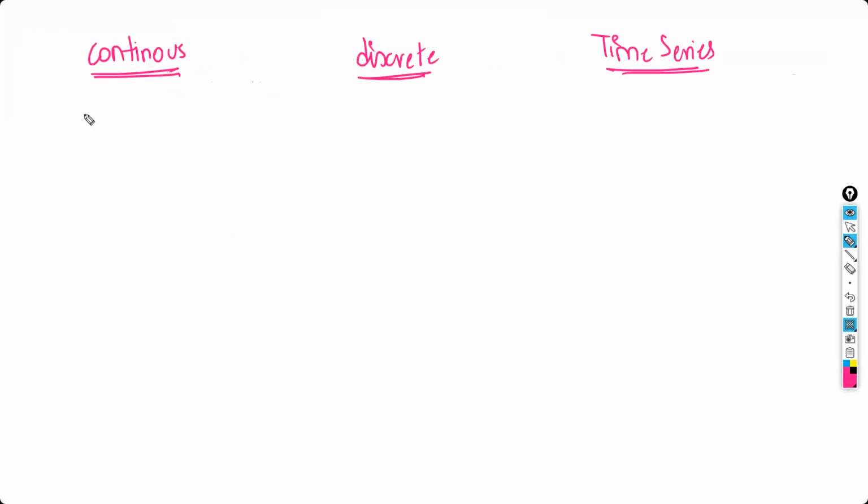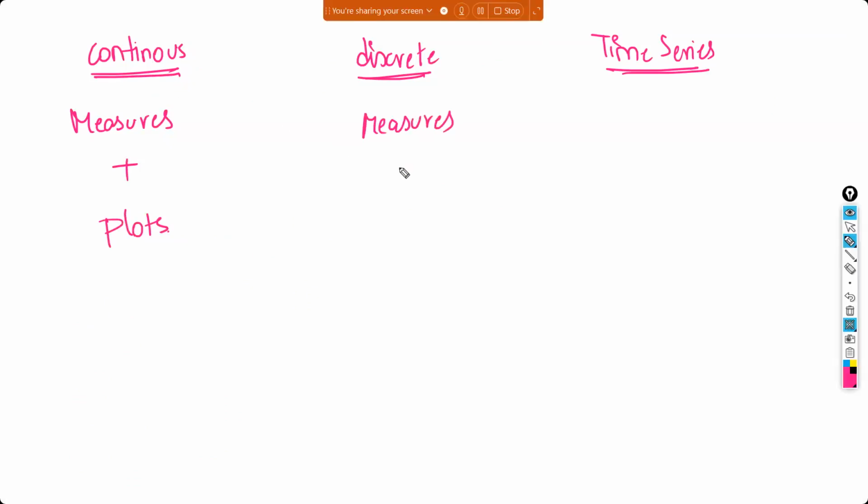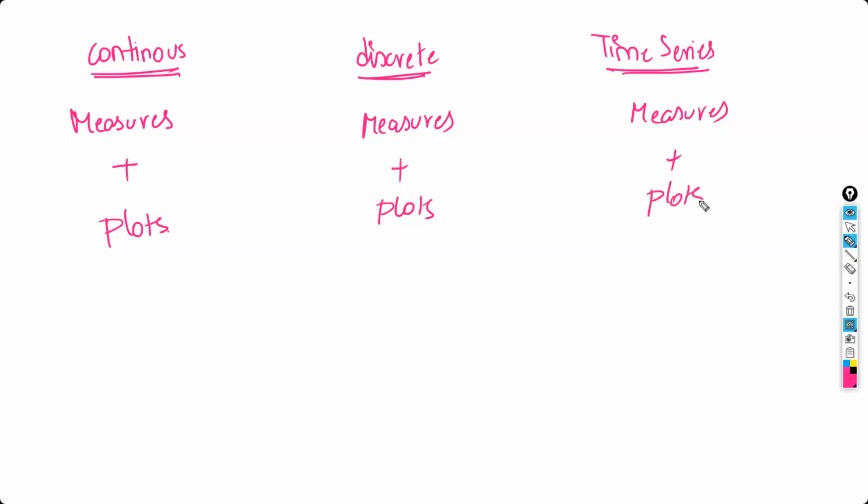For each type of variable, we have different types of measures along with different types of plots. The measures you apply on the continuous variable should not be applied on the discrete variable. For the discrete variable, we have different types of plots.